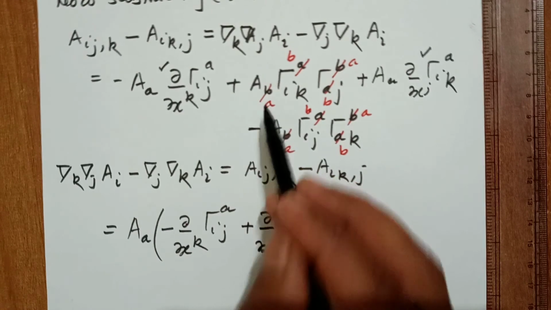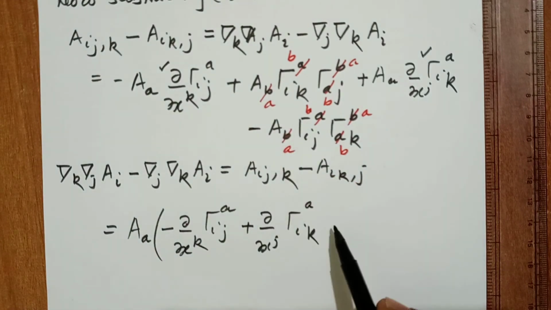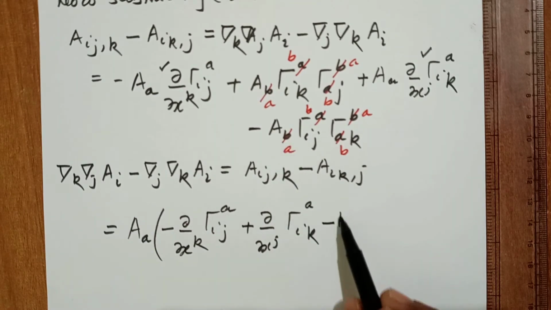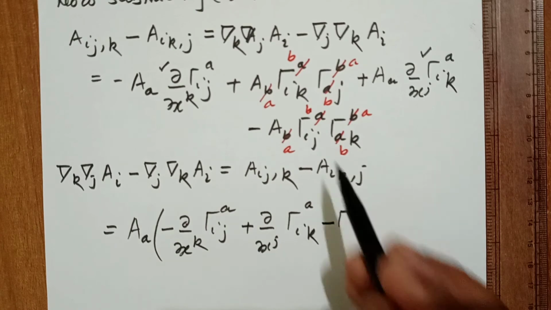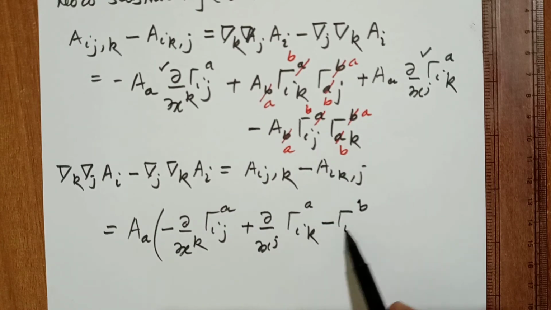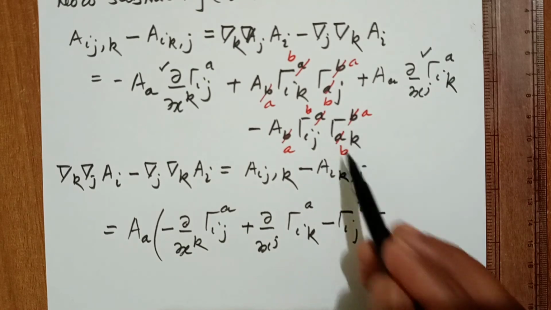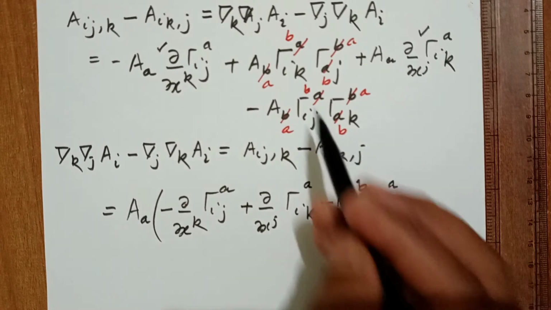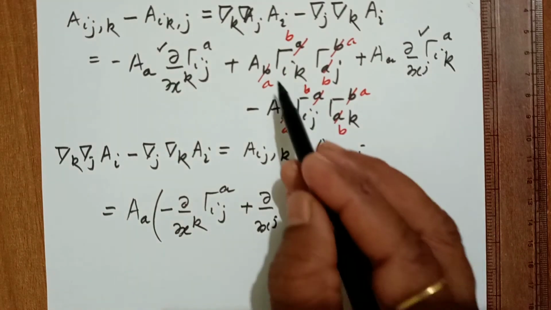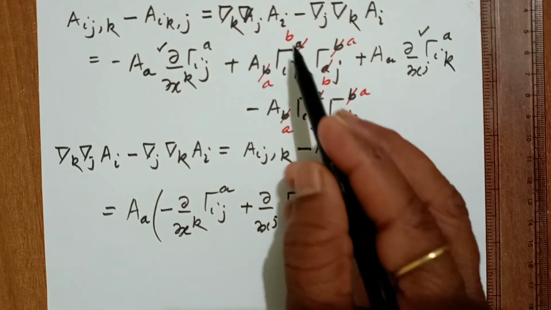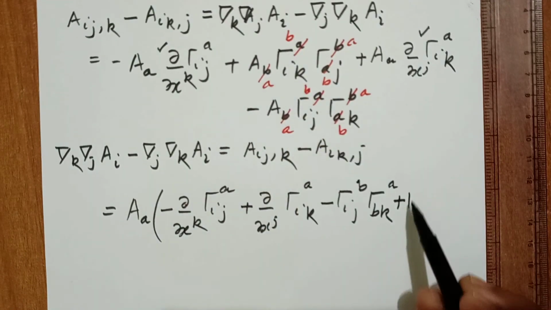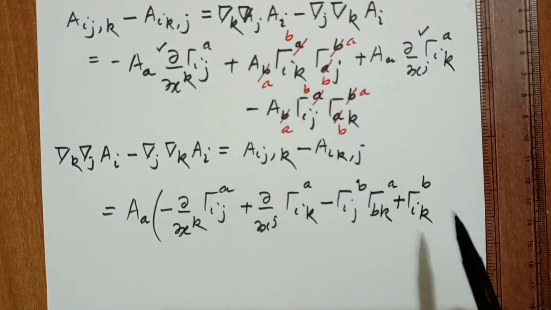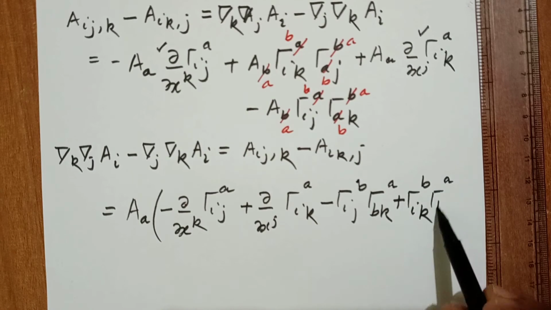Here a is common, so this minus term, b i j a b k, and this first plus term, a is common, b i k, Christoffel symbol b i k, and a b j.